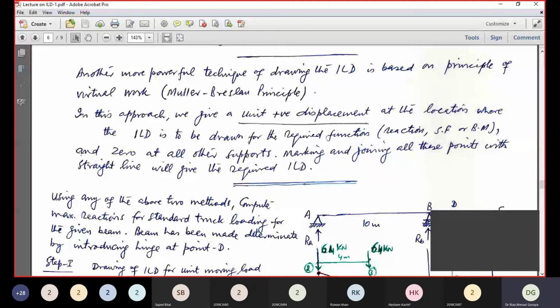Actually, they are all interrelated. Method of key point that is based on the basic approach, and this giving a unit positive displacement is also linked with method of key points.